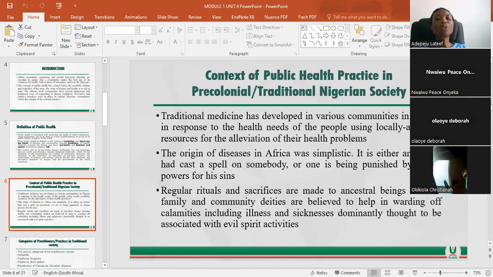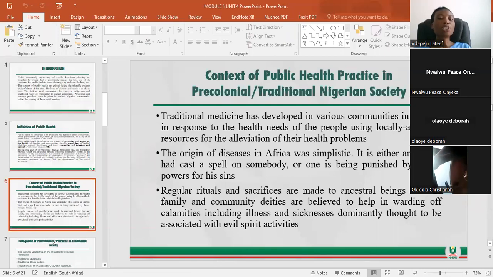And we know that before the advent of science, of medications or drugs, there has been traditional medicine. True or false? True. Yes. Our ancient fathers had a way of taking care of themselves when they were ill in one form or the other.